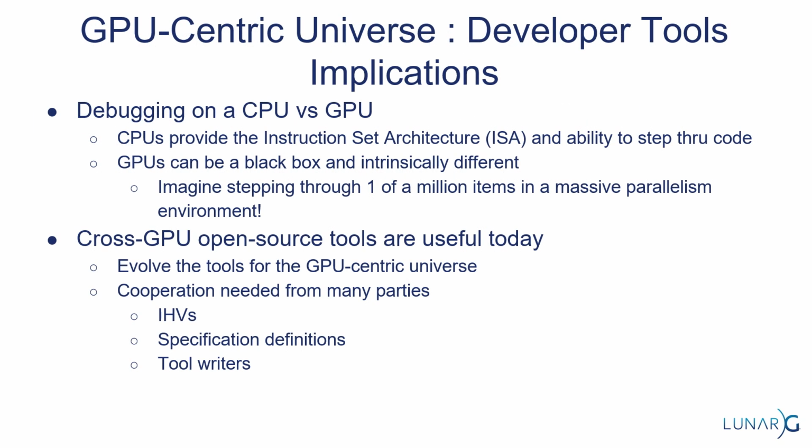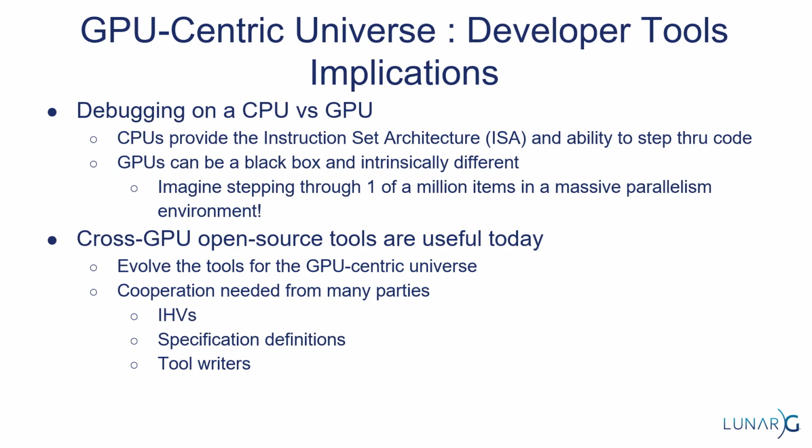So, implications of this GPU-centric universe for the developer tools: compare debugging on a CPU versus a GPU. CPUs have the instruction set architecture. You can step through the code. But GPUs can be a black box, and they're just intrinsically different. The cross-GPU open source developer tools are very useful today, but they do need to evolve for this GPU-centric universe.